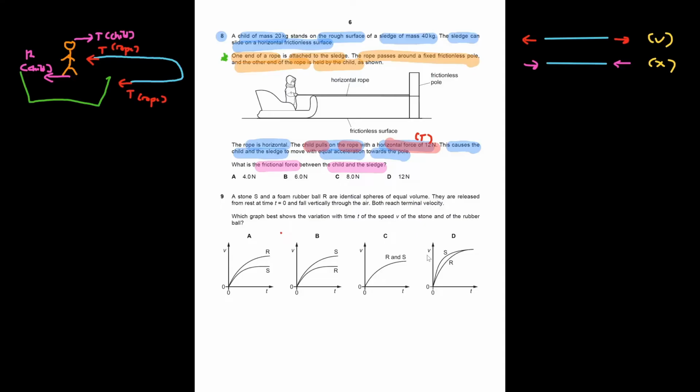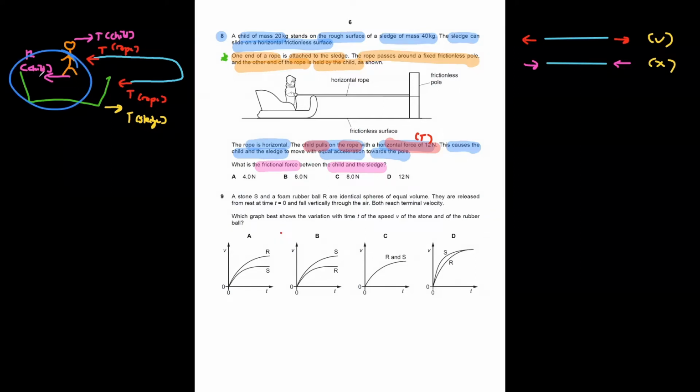Then we look at the forces acting on the sledge. You first look at the interaction between the sledge and the rope. The sledge is exerting a force T on the rope. So according to Newton's third law, the rope will exert an equal opposite force back onto the sledge in this direction. And then you look at the interaction between the child and the sledge.